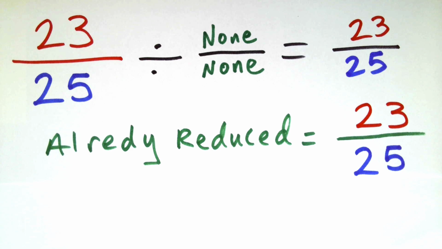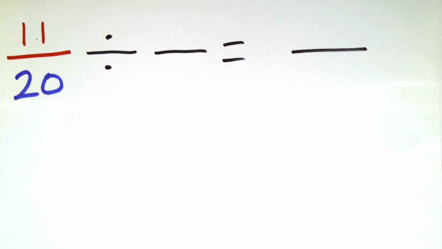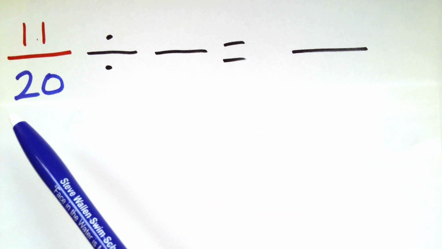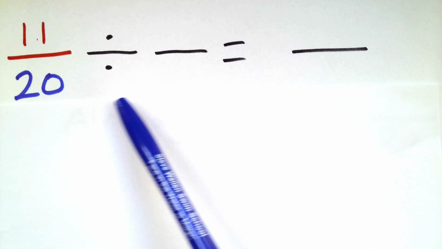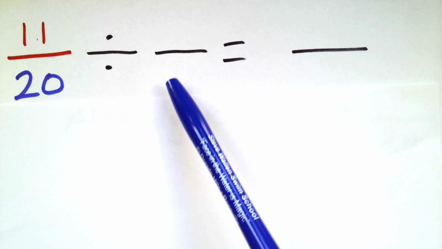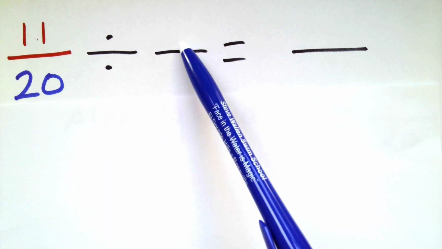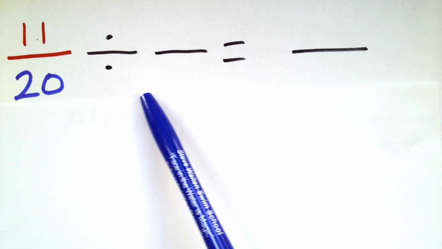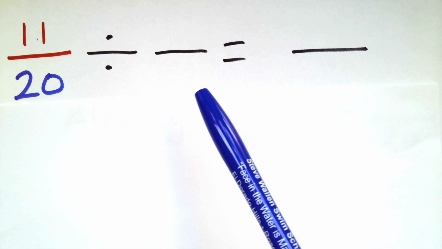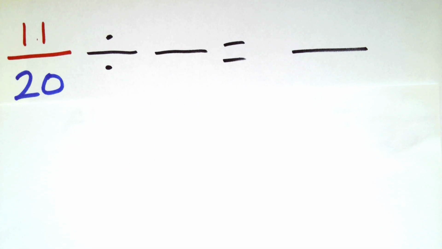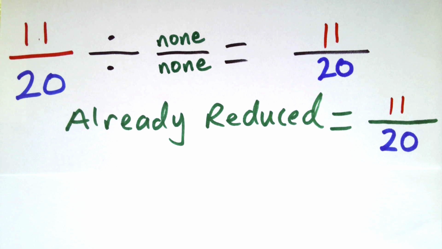Here we have another fraction, 11 twentieths, 11 over 20. Go ahead, take a moment, stop and pause. What number other than 1 can evenly be divided into the top and bottom of this fraction without a remainder? If you said none, you're absolutely correct.